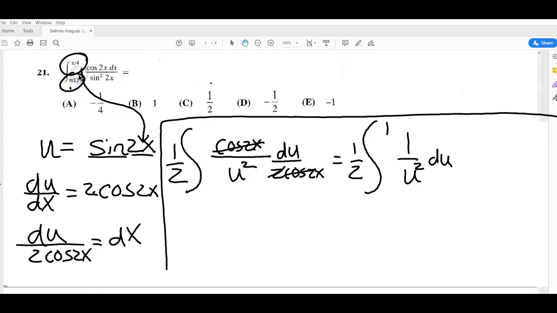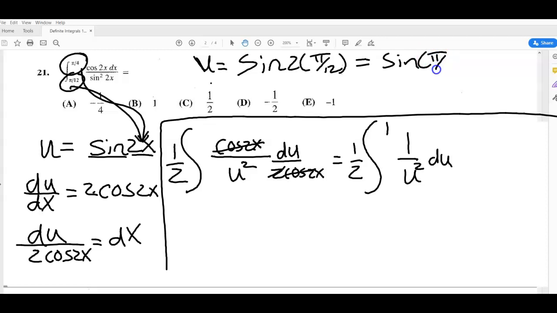So now I'm going to plug in pi over 12. That's going to result in sine of pi over 6. Sine of pi over 6 is a half. And there you go.